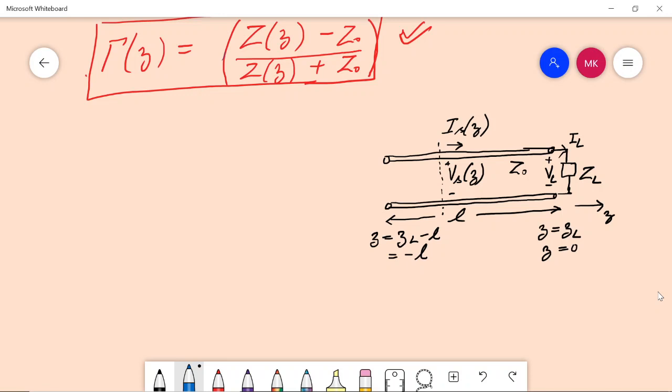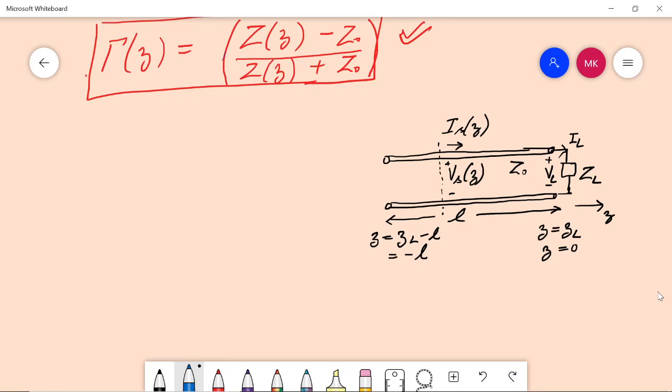Now we will find the reflection coefficient and the line impedance for this special case. Up till now we have found the general line impedance for a transmission line, and the reflection coefficient at any point Z. Now if the load ZL, a complex load, is connected at this end point of the transmission line, then what will be the line impedance in terms of ZL, and what is the reflection coefficient?